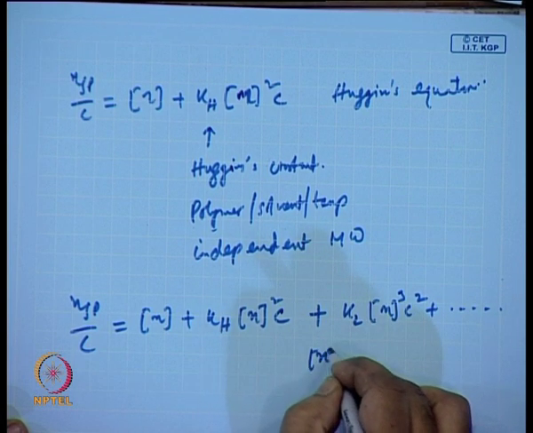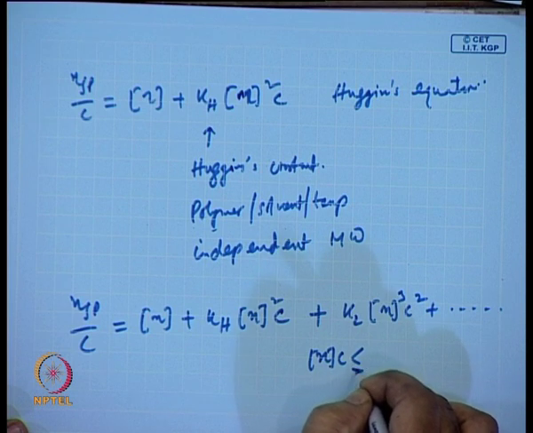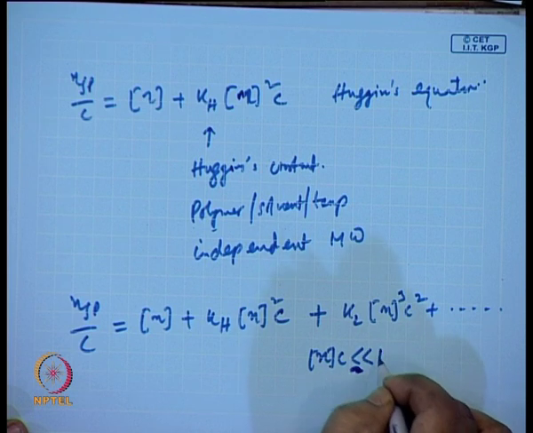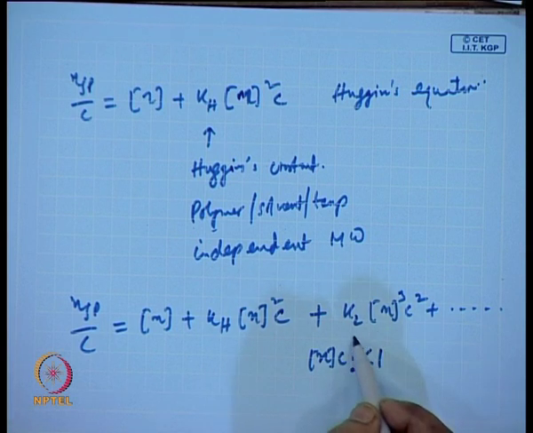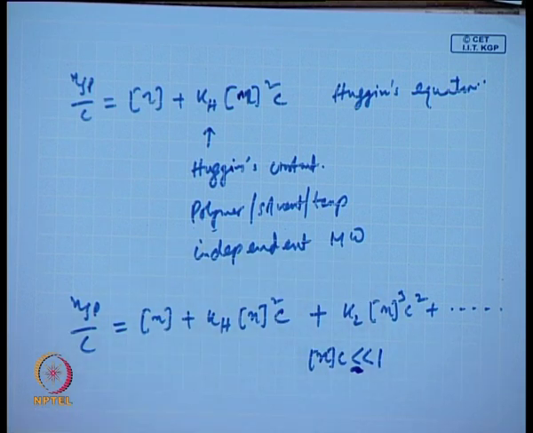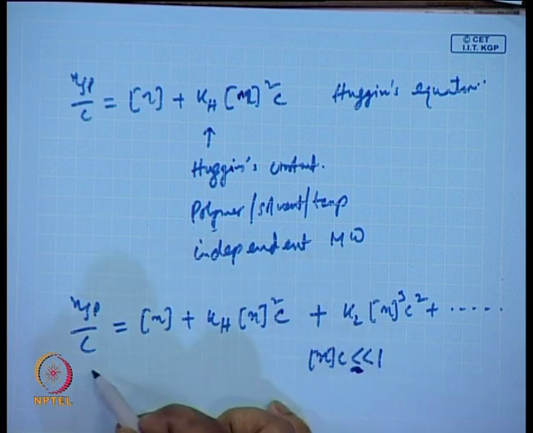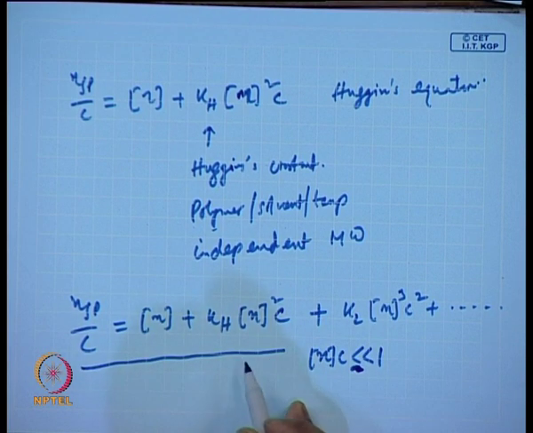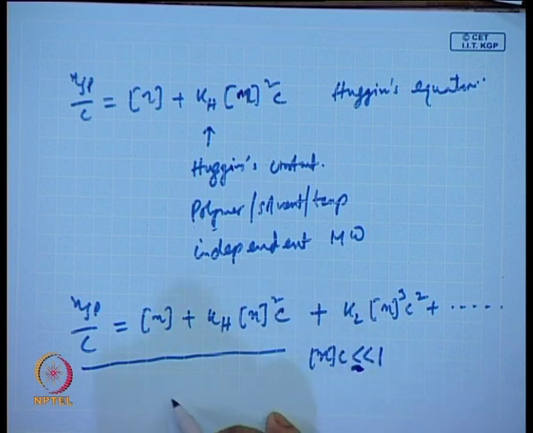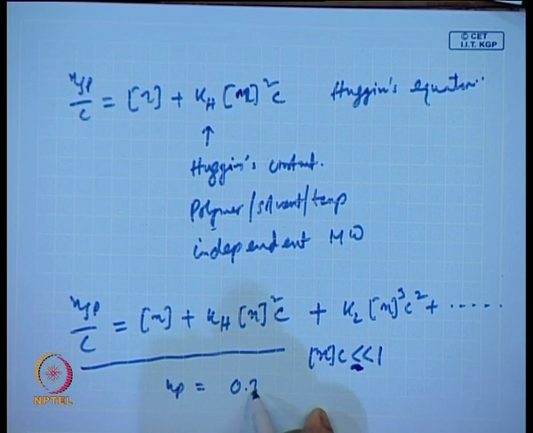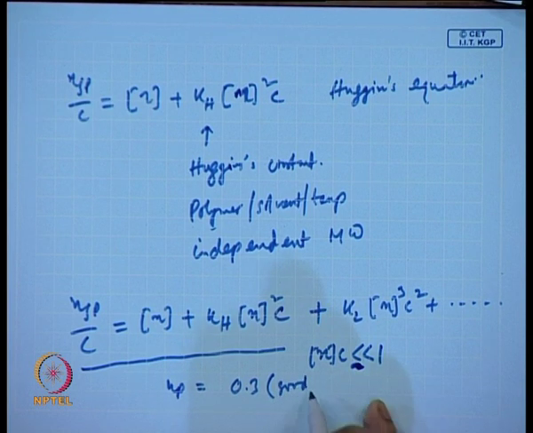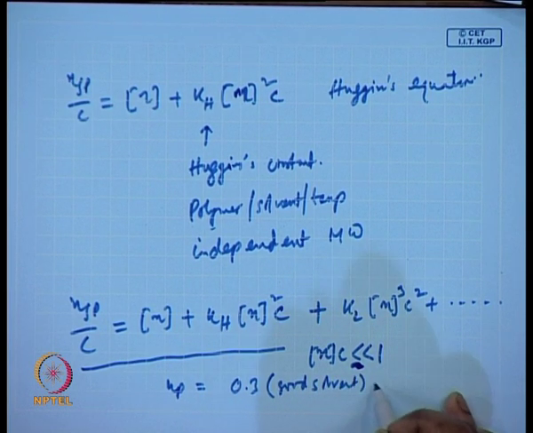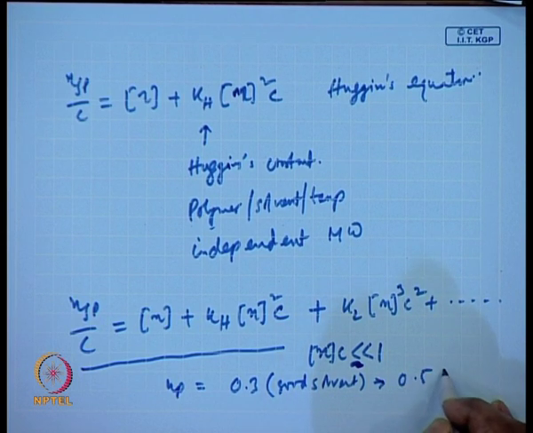If eta C is much less than 1, you can ignore the higher terms, C square onwards, and you end up getting the Huggins expression again. So, only in the case of a dilute solution can you consider only up to this term; the higher terms you can neglect. KH has a value between 0.3 for a good solvent to 0.5 for a poor solvent.